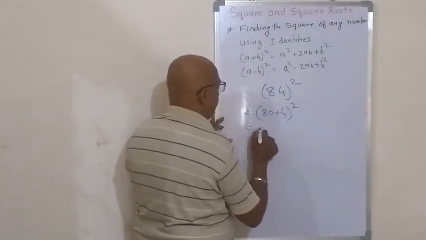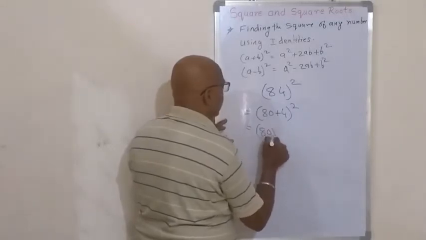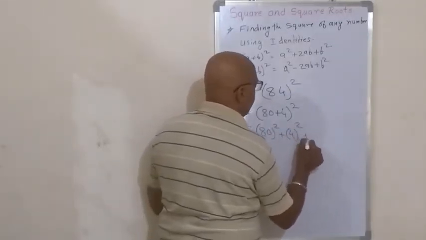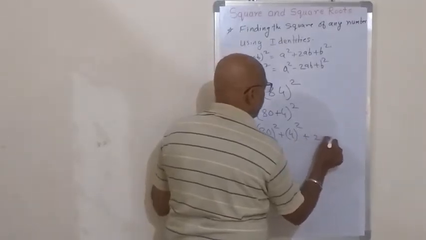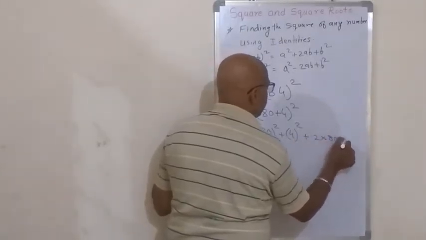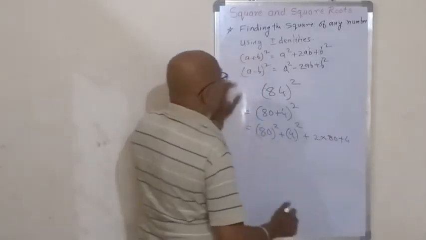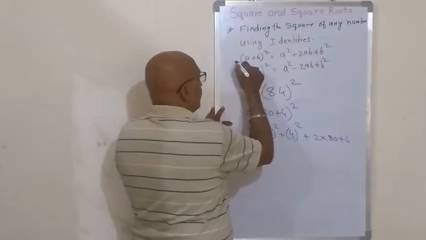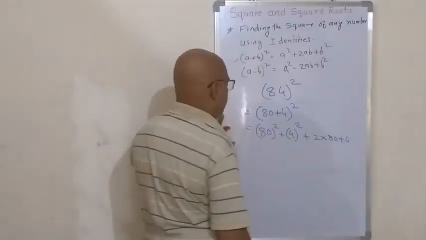That will give 80 square plus 4 square plus 2 into 80 plus 4, using the first identity. First we have used the second, now we are using this first identity.